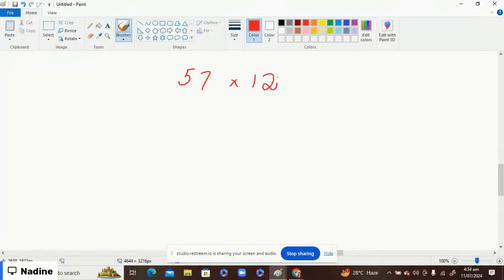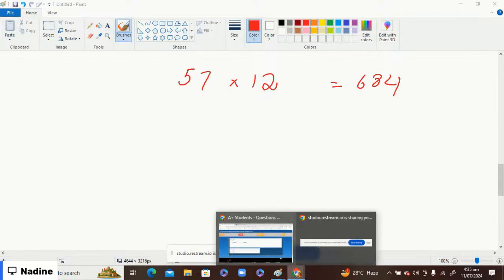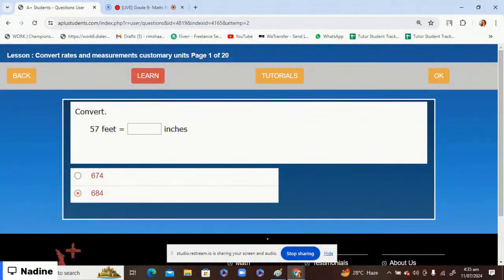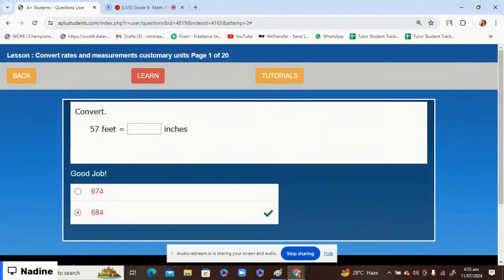So when I multiply 57 with 12, that is 684. Let's check, is there any option for 684? Yeah, option B. Here we go with this one.